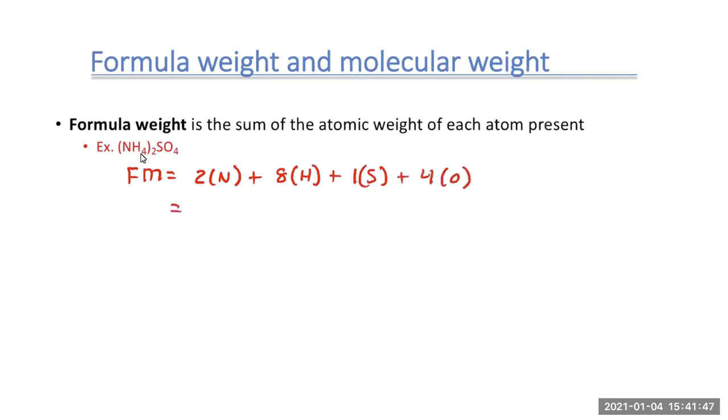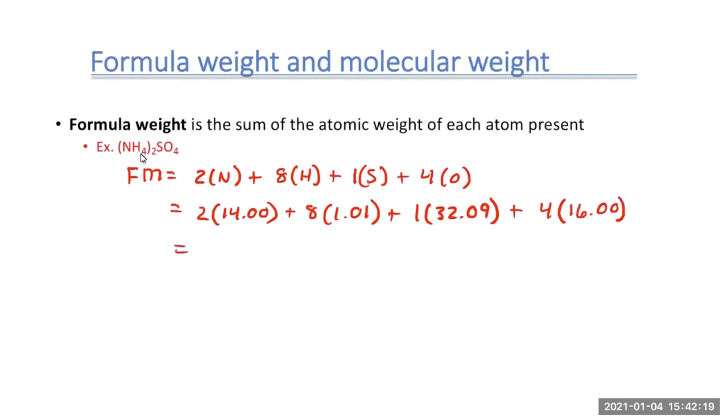So that would equal 2 times 14, plus 8 times 1.01, plus 1 times 32.09, plus 4 times 16.